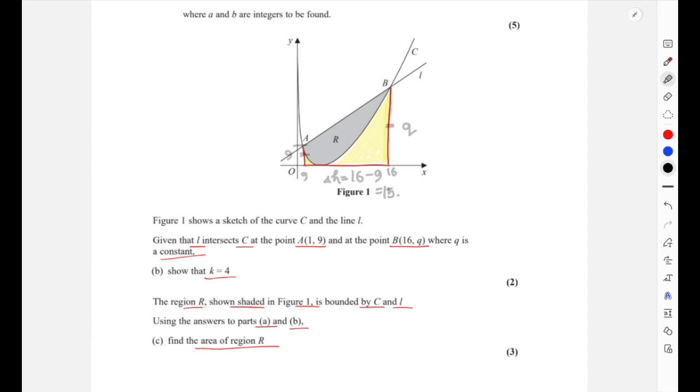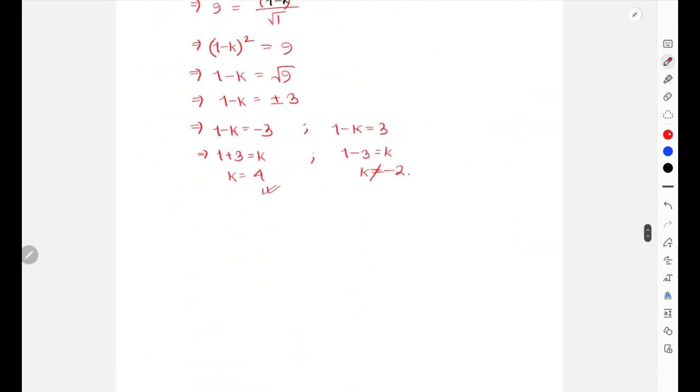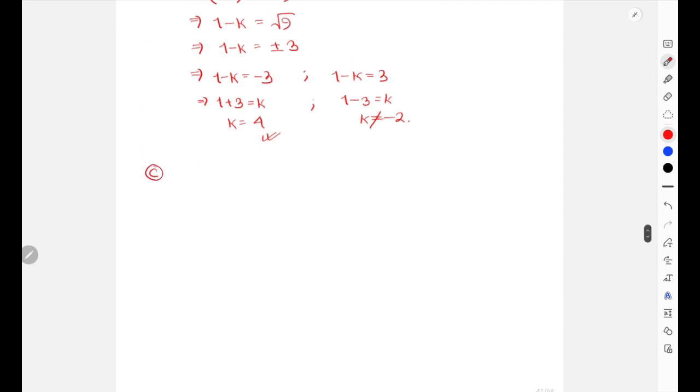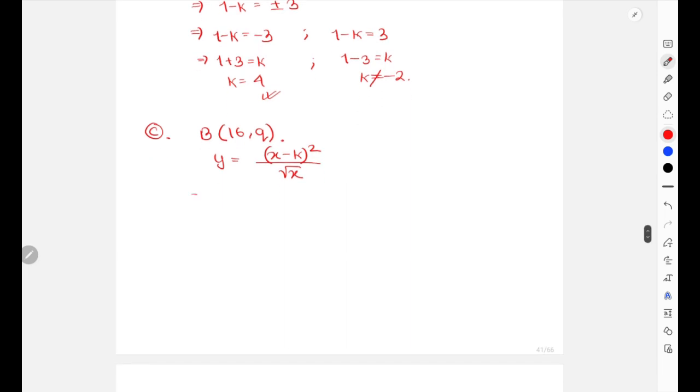I can find the value for q by substituting 16 into the equation for the curve, and that will give you the y coordinate of point B, because point B is a common point for the curve and for the tangent, in this case line L. So for part C, point B has coordinates 16 and q. In that case, y equals (x minus k) whole squared, root x. Now I know the value for k was 9, sorry, 4.